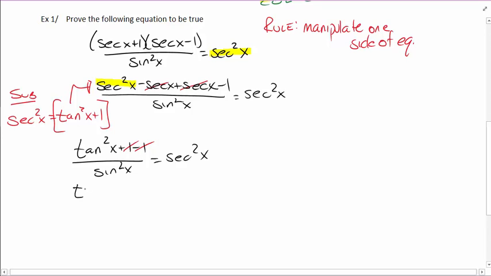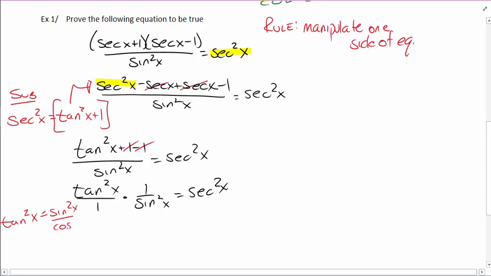I'm just going to rewrite this. I don't know that this step is necessary, but this is the same as tangent squared over 1 times 1 over the sine. That will equal the secant squared. I'm going to do one last substitution. I know based on my quotient identities that tangent x squared is equivalent to sine squared over cos squared.